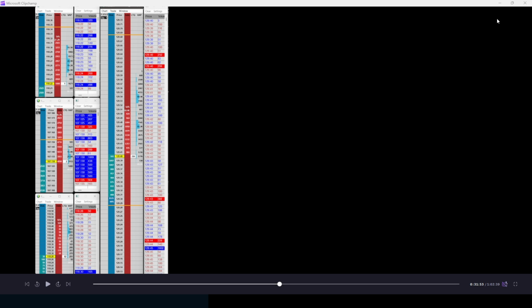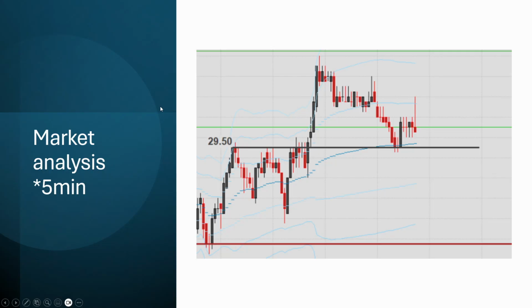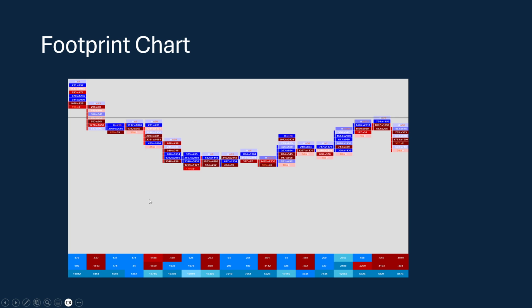And now we are going to be quickly looking at the footprint chart. So let me pull that up real quick. Right here. So yeah, this is the footprint chart. What you are seeing right here, the first column is the delta, or let me just draw it like this.